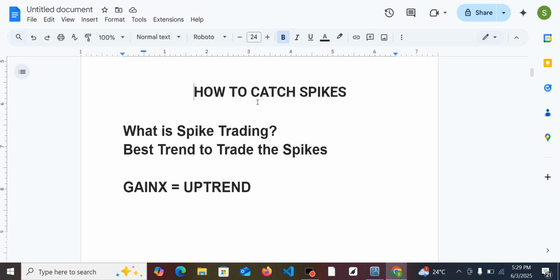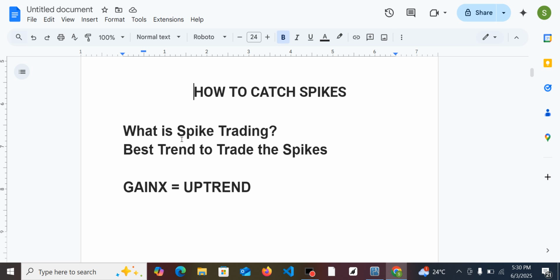But if you decide to trade the spikes, you are most likely to get it right all the time, and you are most likely to get more than one spike during this period, because you are trading the spikes in the right trend. So this is very important, and I think that is the first thing you should take note of.